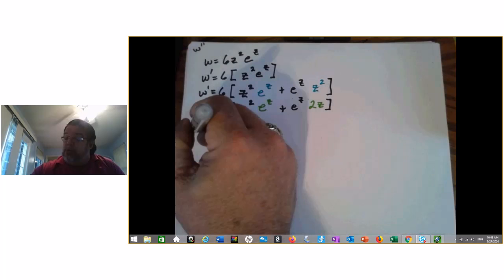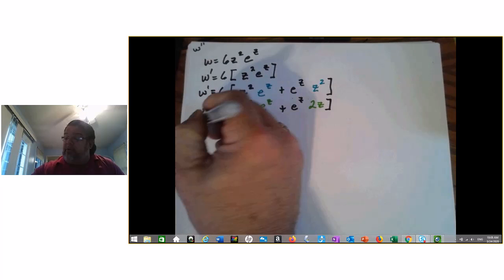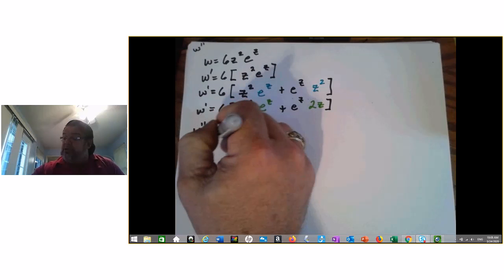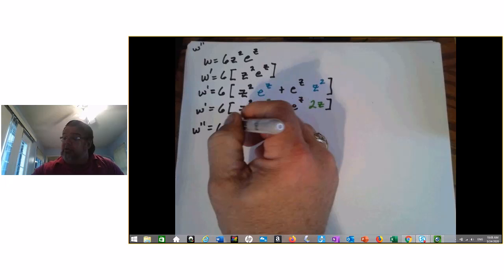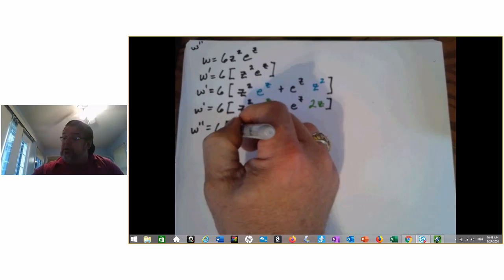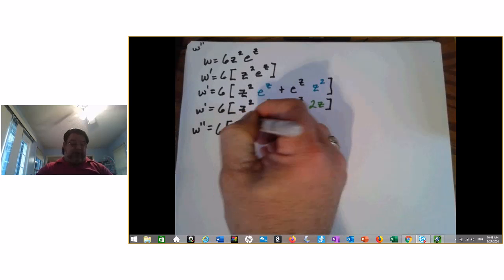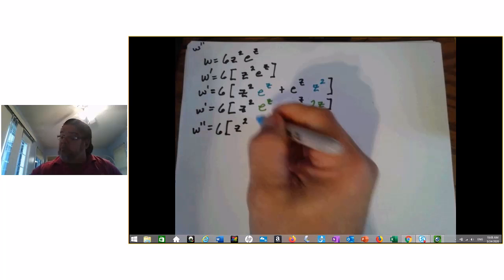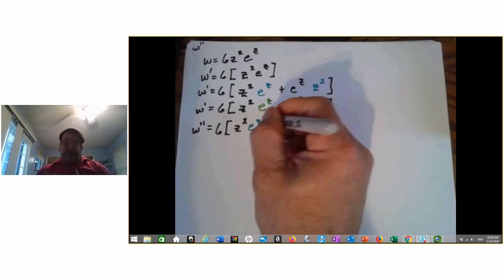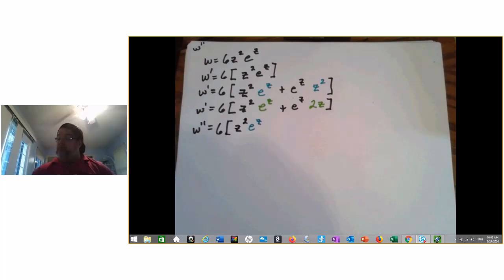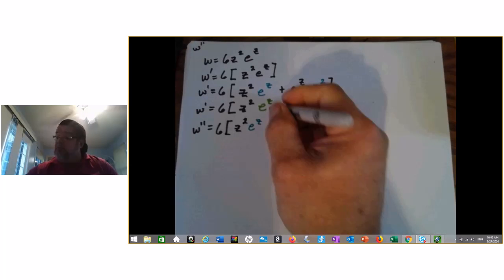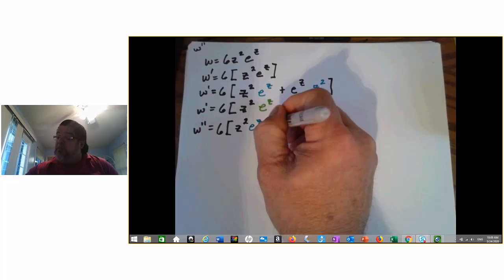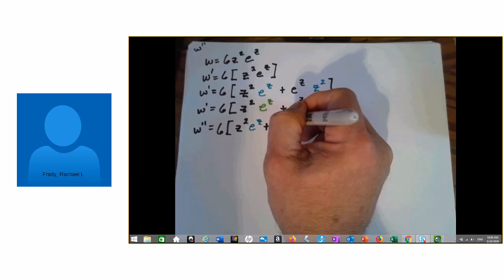W double prime is equal to 6 times the first times the derivative of the second plus the second times the derivative of the first.